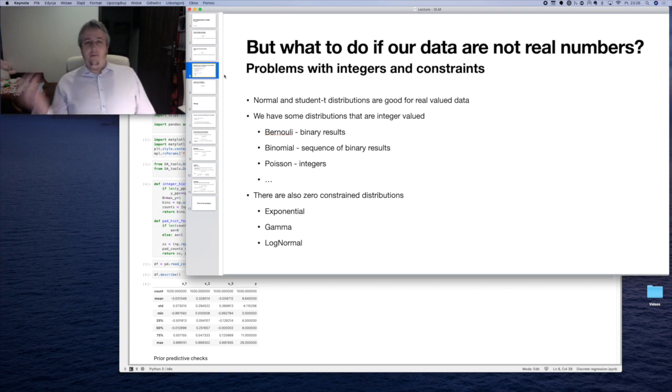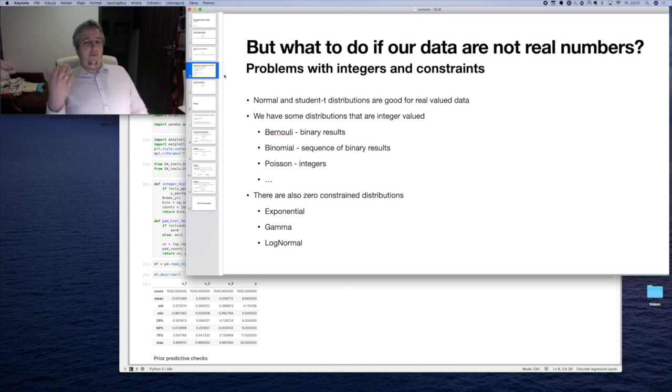Fortunately, we have some distributions that generate integer values for us. For example, for binary results, we have the Bernoulli distribution. For a sequence of binary results, we have the binomial distribution, which is generally a multiple execution of Bernoulli trials. For integers, we have Poisson distributions and variants of those, like negative binomial distributions.